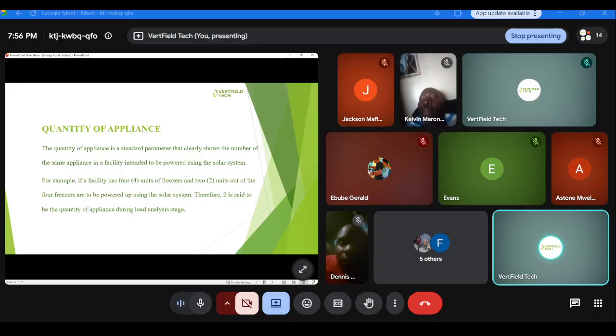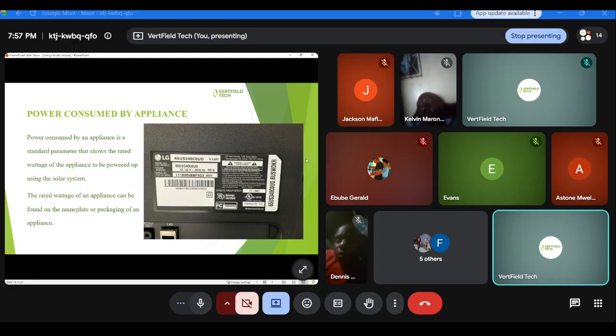Let's take, for instance, Mr. Dennis lives in a 3-bedroom apartment, and in each of those rooms he has a TV, and he wants to power 2 of those TVs using the solar system. So when we are working on the load analysis table, we will say that the quantity of TV would be 2, because it is 2 that we intend to power up using the solar system. That is what that tells you.